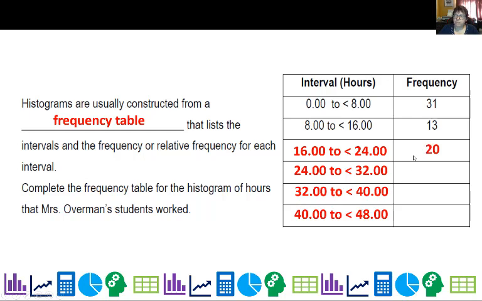And we fill in the frequencies from the picture. If you want to know the width, it's easier to compare the beginnings of each interval. So 0 to 8 tells you a width of 8. 8 to 16 is 8. 16 to 24 is 8, and so forth.